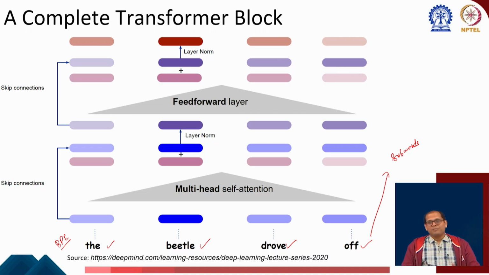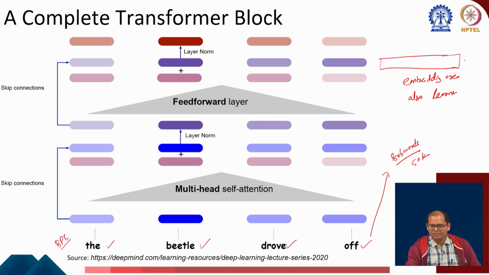Now it may happen that you have already learned these embeddings separately, or you want to learn them together. In the transformer paper, the embeddings were also learned. So what does that mean? Each word is fed as a one hot vector. Suppose your subword vocabulary is 50K, so you have a 50K dimension one hot vector.